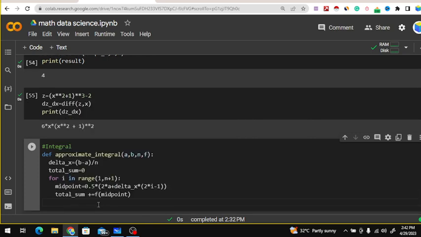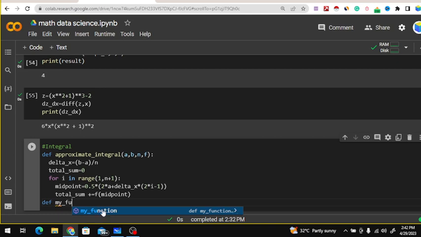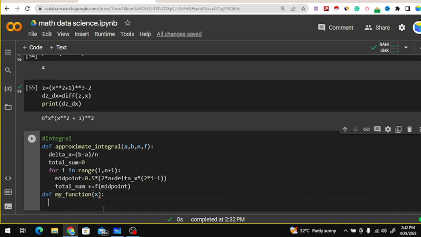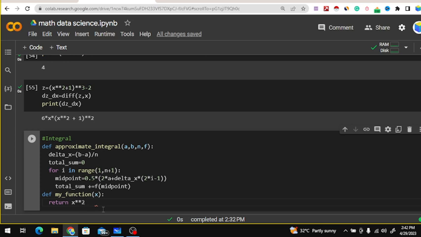Now we want to create another function, def my_function. Go back, we start from def my_function, and we write x and return x square plus 1.